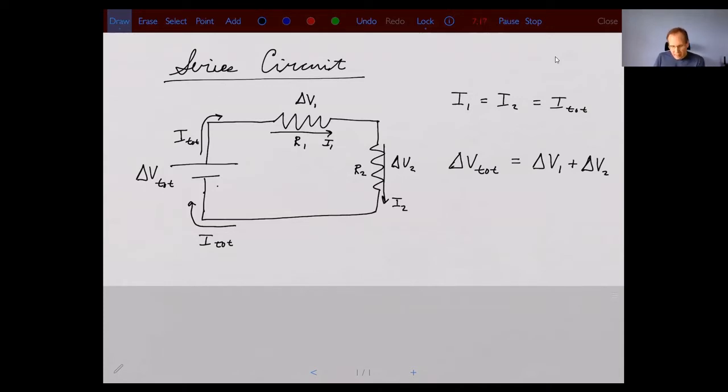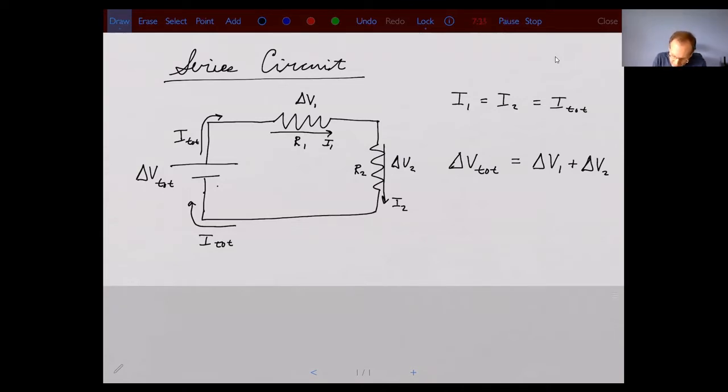Or another way of saying this: if we call the voltage gain across the battery positive and the voltage drop across the two resistors negative, we can say that if we sum all the voltages in any loop around that circuit, it has to sum to 0.